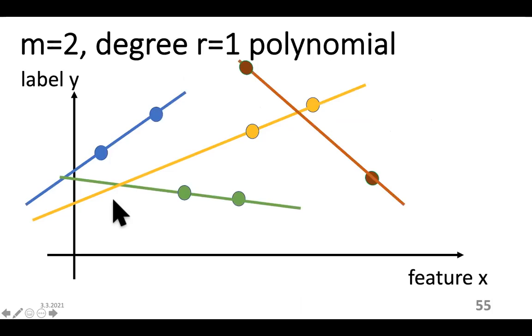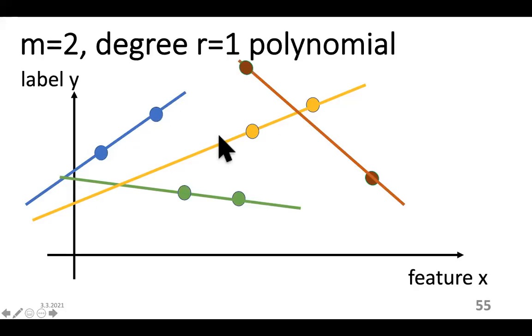To illustrate this point, look at 2 data points and r equal to 1, so polynomials with maximum degree 1. Any 2 data points that I give you, you can fit with a straight line. A polynomial of degree 1 is a straight line. So I give you this blue pair of points, you find the blue curve perfectly fitting these 2.